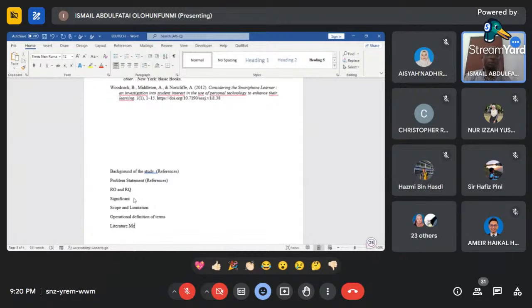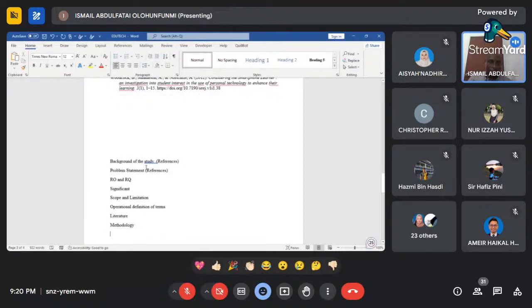Then the methodology. So these are what you need to critique. Under the methodology, did the author use the proper research design?